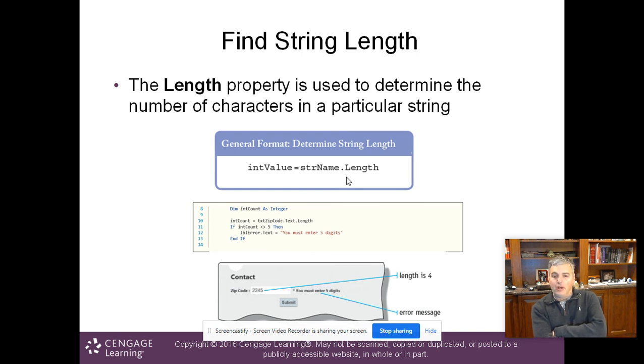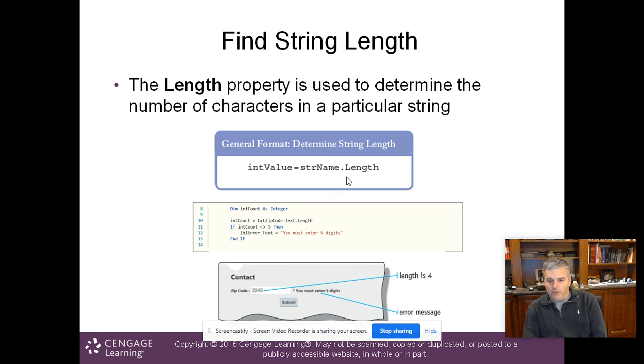It'll return how many characters are in a string. And that's important if you wanted to parse data. So if you had a first name and last name, and you wanted to break that up, you want to get just the last name out, sometimes you'll have to get the length of it so you can calculate how long it is. There's a lot of other different string objects that we'll be using to do that.